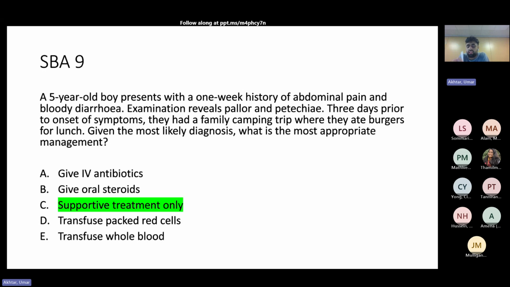If you give antibiotics, it destroys the bacteria, which causes a massive release of those toxins into the bloodstream, which is then going to cause further worsening of the symptoms, especially in the short term. That's why giving antibiotics is not recommended for HUS. Got it. Thank you.